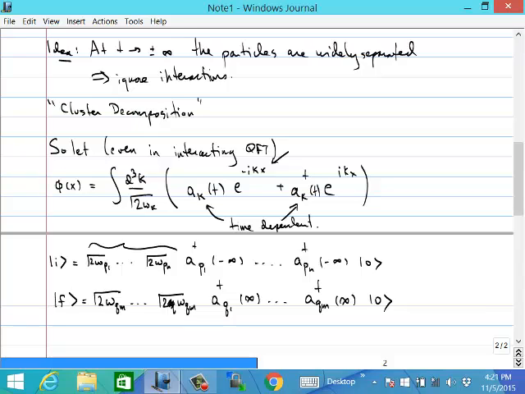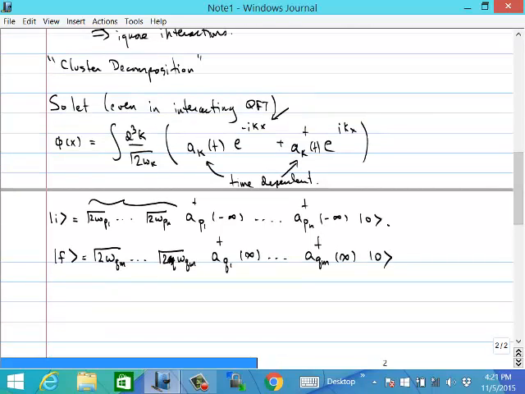Somewhat implicit in this notation is the idea that this vacuum state that I'm writing down here is annihilated by the lowering operators at plus or minus infinity. That's really the assumption that in the far past or the far future, when the particles are widely separated, I can essentially treat this thing as if it were a free quantum field theory.